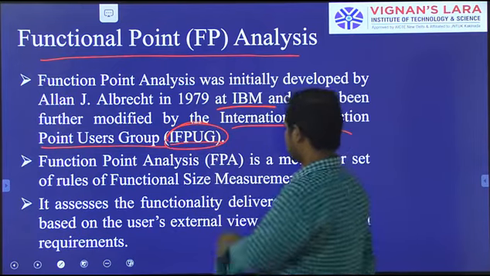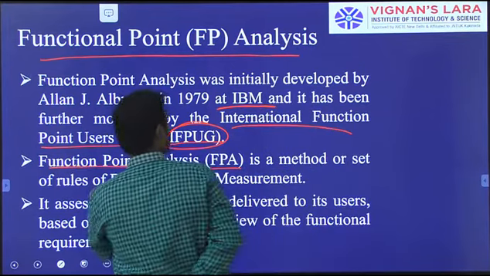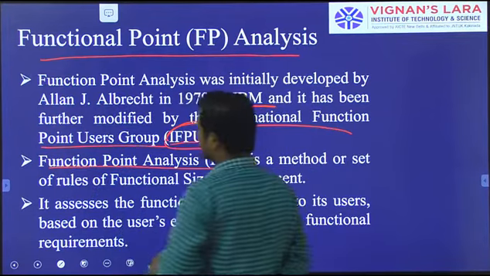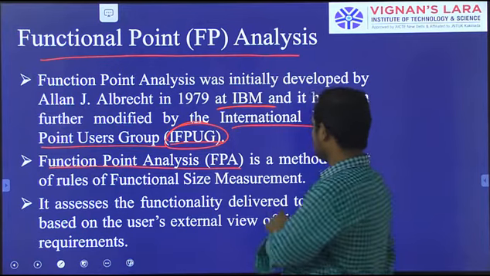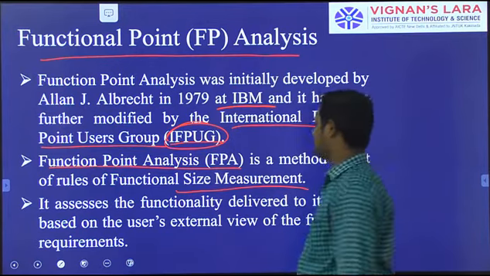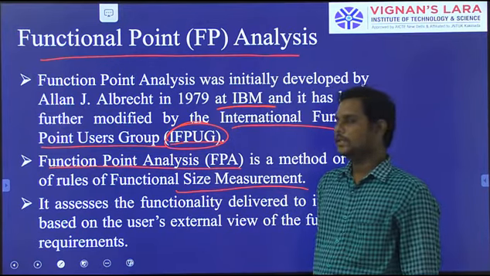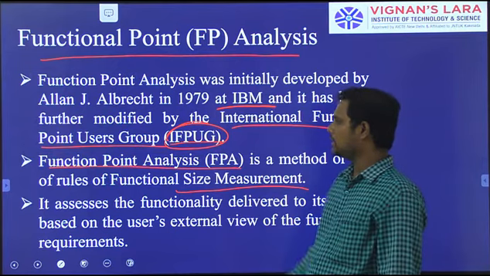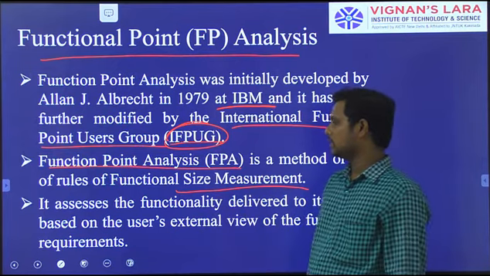Function point analysis, FPA, is a set of rules for measuring functional size. We estimate the size of the project based on function point analysis.